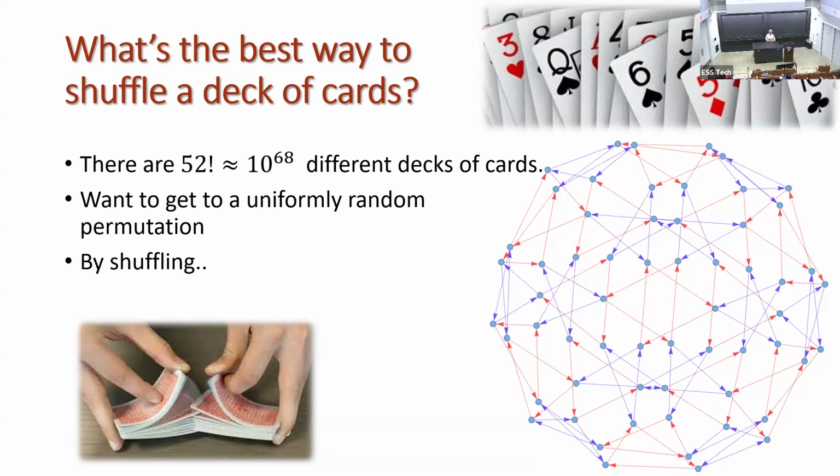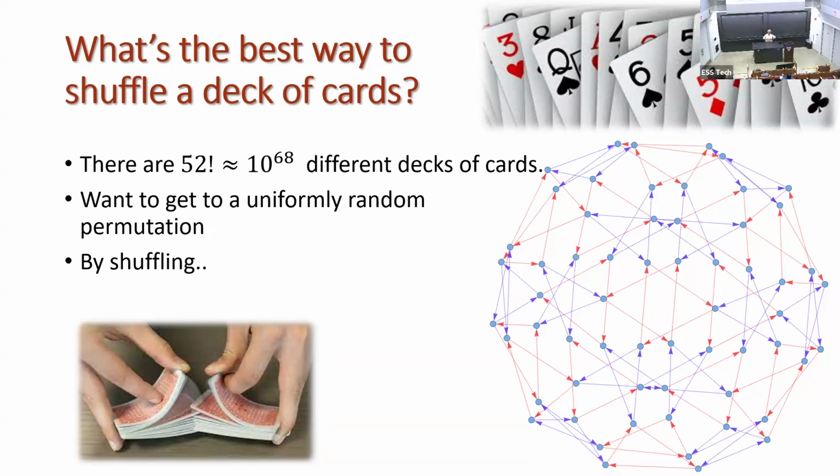You can even think of a simpler type of shuffle where instead of cutting the deck in a random location and then shuffling, you just take the top card and insert it in a random location in your deck, so that you have like 52 or 51 different possibilities. And then you would get a graph on the same number of vertices, but every vertex is now only connected to 51 other vertices.